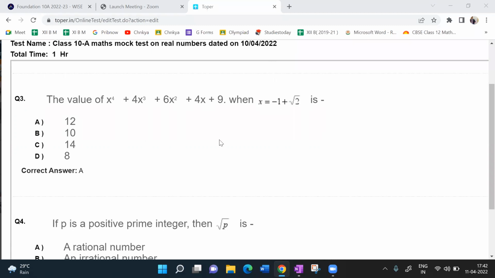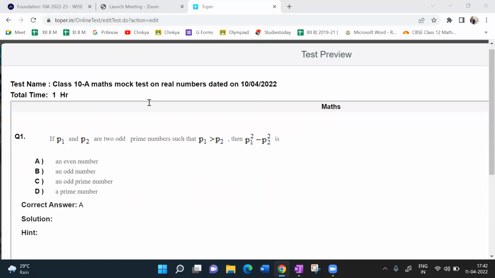How many of you got this? If you have a doubt, I'll teach this. If you don't have any doubts, we'll go for the next question. Sir, I have a small doubt in the first question. There's a mistake. Here they told the answer is an even number, but for me it's showing the answer is an odd number.